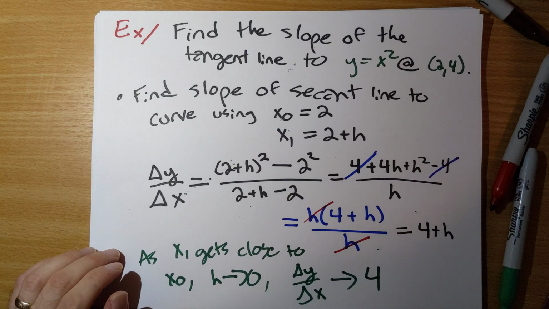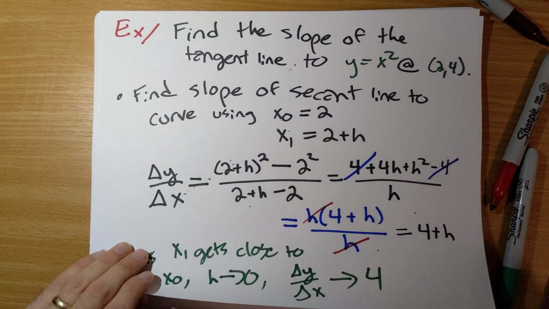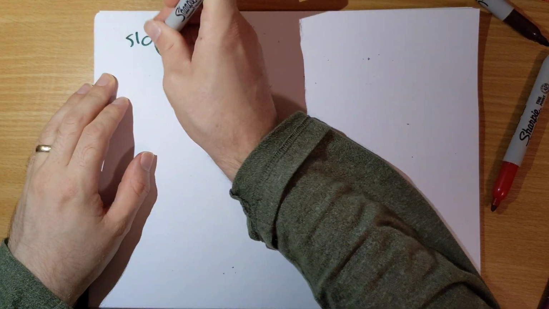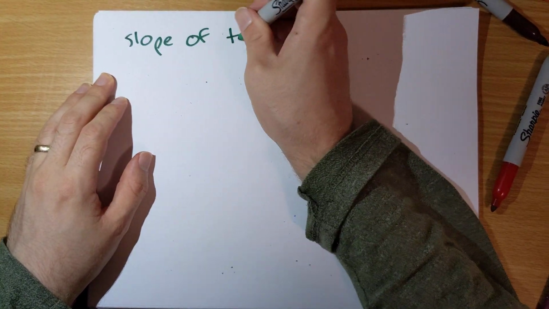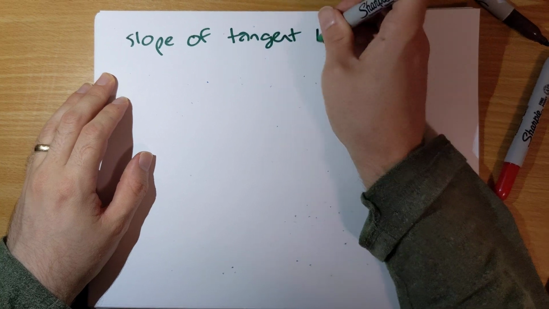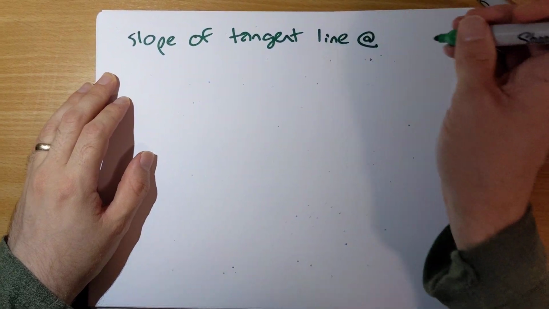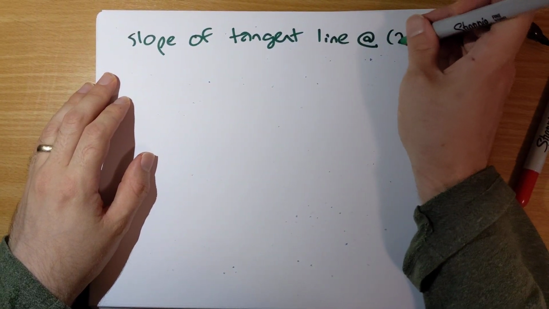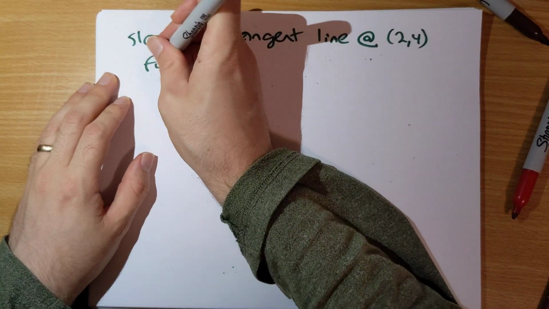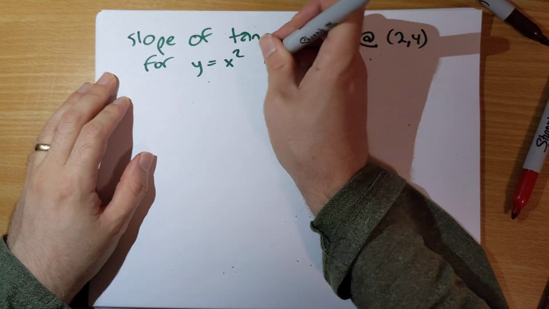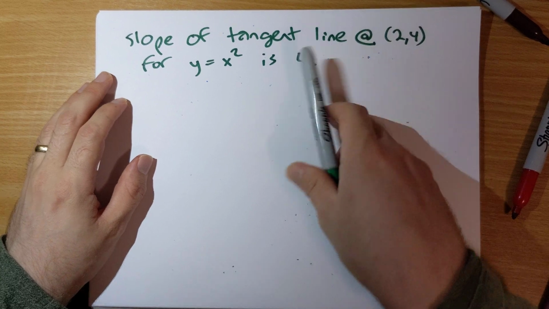We are doing a derivative calculation without formally doing that. But we want to be able to say that the slope of the tangent line at the point (2, 4) for y equals x squared is 4.